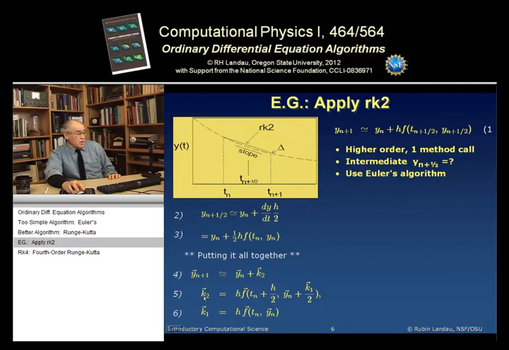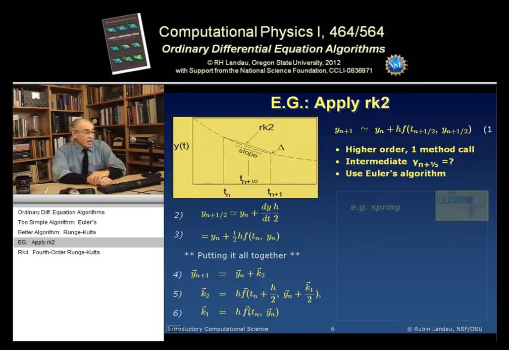K2 is just h, which we know, times the derivative function, which we know the right-hand side of the equation, but it's evaluated at h over 2 forward in time, and then it's evaluated at the known value of our solution at the beginning of the interval, plus some other k, some other gradient over 2. Okay? This just follows from Taylor's expansion. And k1 is just h, this is where Euler's rule came in, times the derivative at the beginning of the interval, and there we knew the solution, we knew everything. So we're fine. So this is our rule.